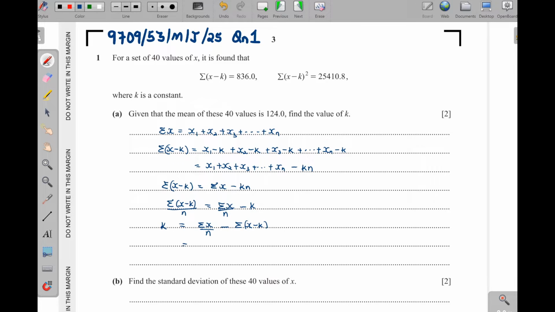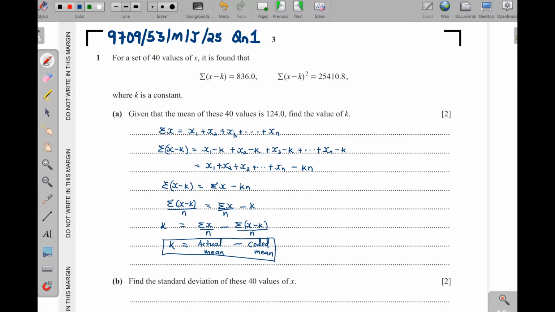So this k is actually equal to actual mean minus coded mean. Actual mean, because you are adding the original x values, then dividing by how many they are, and this one here is the coded mean. This is how we do it.